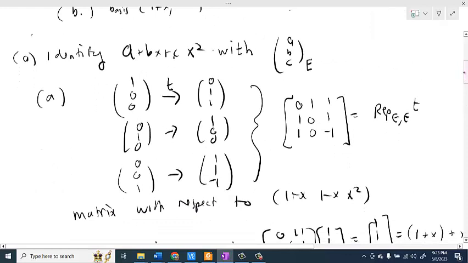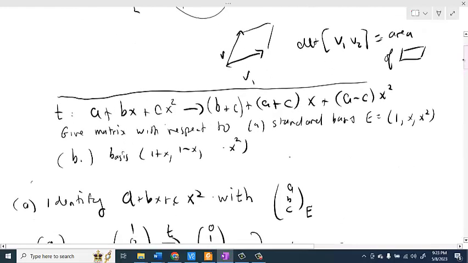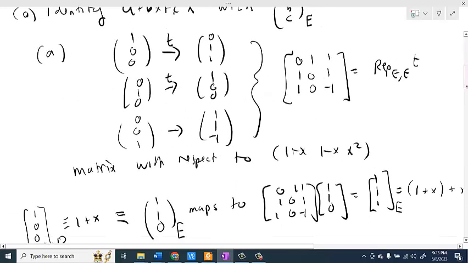What does 0, 1, 0 map to? Similarly, plug in 0 for a, 1 for b, 0 for c. Get out your result. If you plug in 1 for b, let's see what happens. The only b is here. So the result is 1, 0, 0. Again, in the standard basis. I can put E's here just to make things clear.